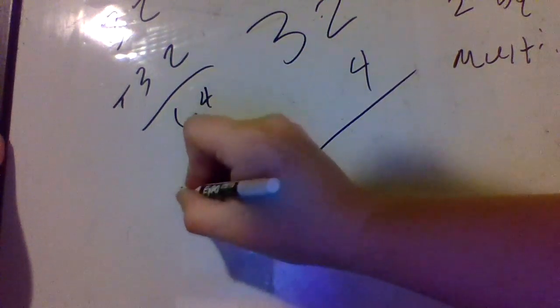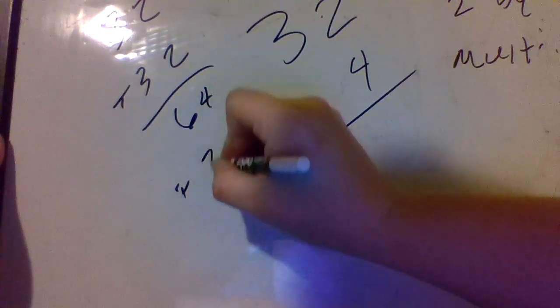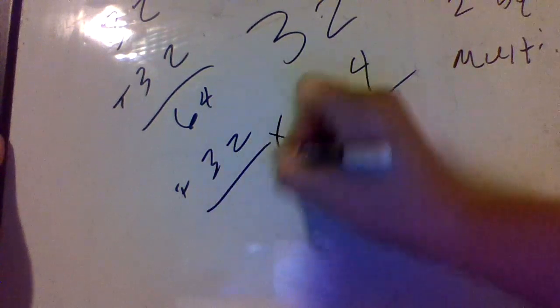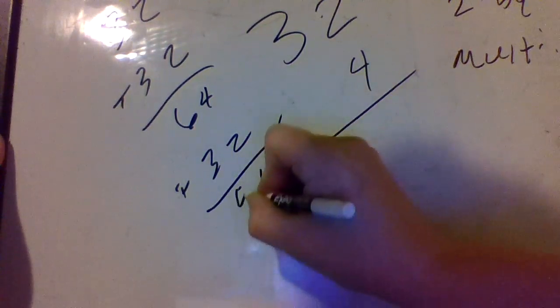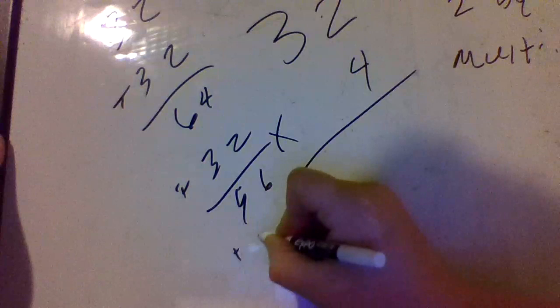So there's a couple different ways to do this. Actually, a problem like this wouldn't be too hard to do repeated addition with. You could do 32 plus 32 is 64, plus another 32 is 96, plus another 32.